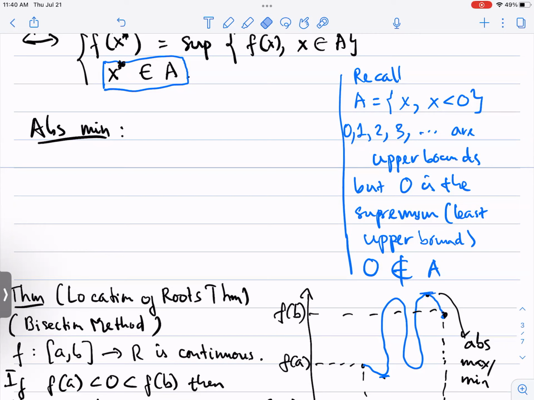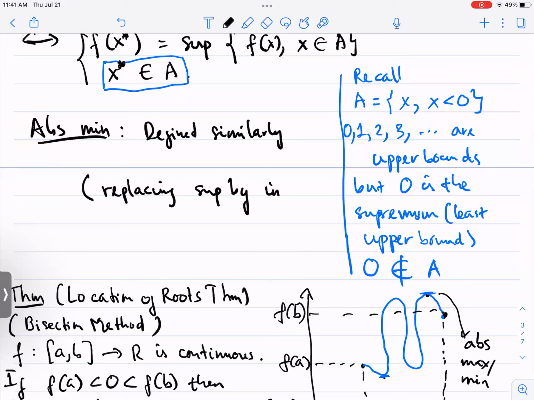We consider all negative numbers, then 0, 1, 2, 3 are upper bounds. 0 is the supremum, the least upper bound, but 0 is not in the set A. We can define the absolute minimum in a similar manner, using, instead of the supremum, the infimum.